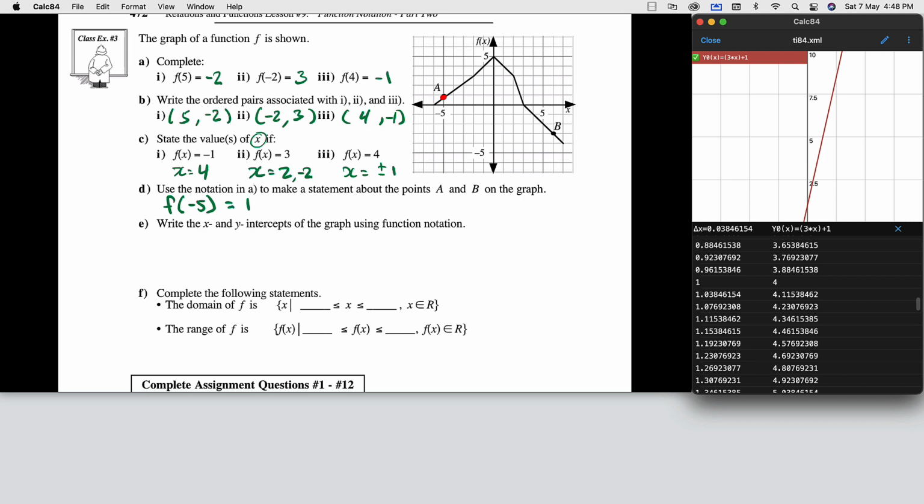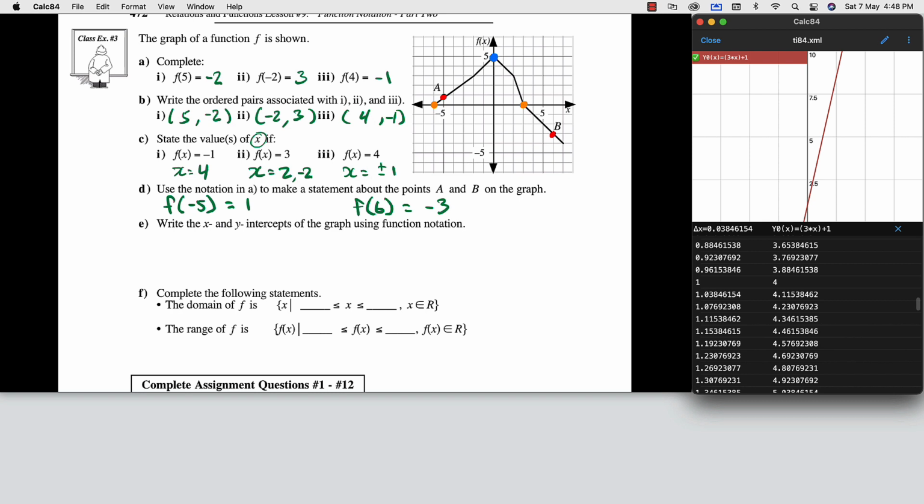And point B right here, that's going to be f of 6 equals down 1, 2, 3, negative 3. Okay, and write the x and y intercepts. So here's the y-intercept, there's 1, and the x-intercept, there's actually 2 of them, 1, 2.